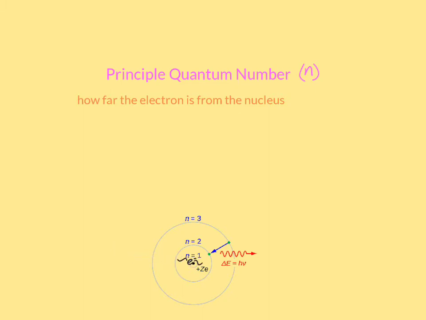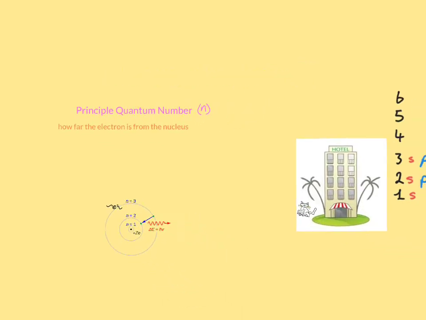So if we look at our electron wave, the ones at the lowest energy level would start at n equals 1. And in order to get to n equals 2, it would need a bump of energy. And then the electrons at n equals 3 have a higher energy than those at n equals 2 or 1.